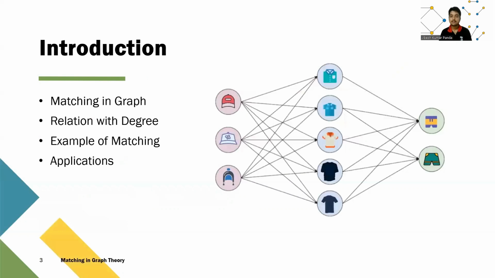What we are doing in brief is selecting a vertex of one vertex set and connecting it to another vertex of another vertex set by eliminating all the remaining. So here we will discuss what matching is, how it is related to degree, and some examples with real life applications.